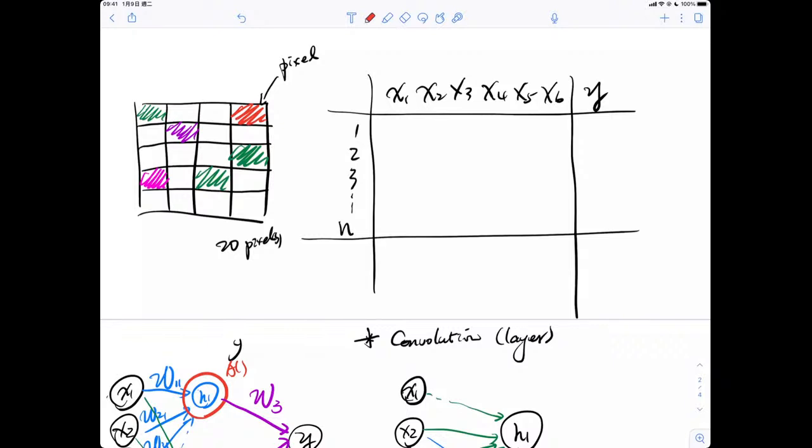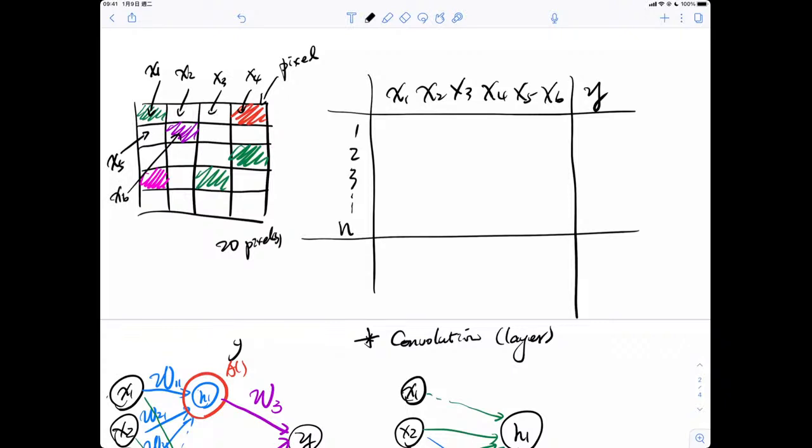So usually when we analyze images, maybe we will name it x1, that is x2, that is x3, x4. Of course a picture is two-dimensional data, so that is x5, x6.